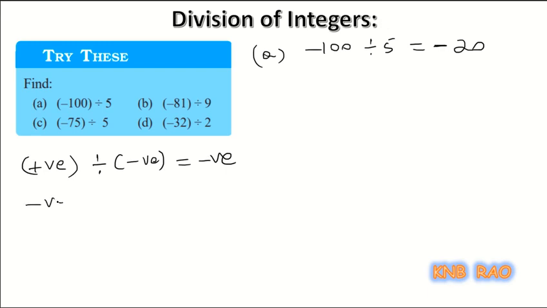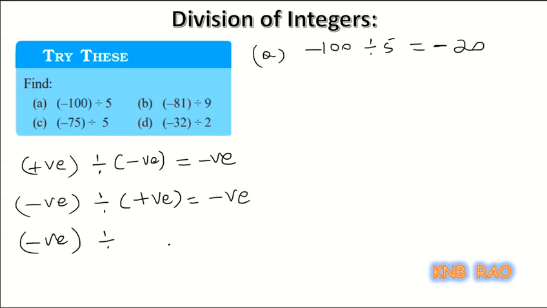When a negative integer is divided by a positive divisor it gives you a negative quotient, and when a negative integer is divided by a negative integer it gives you a positive quotient.